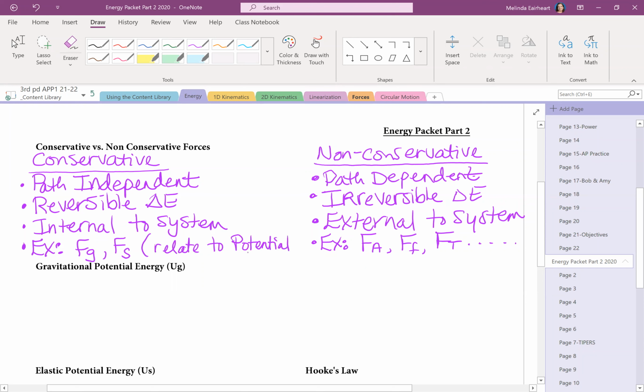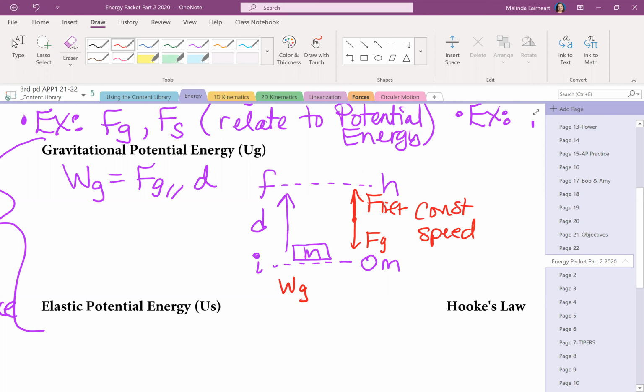Gravity would be doing negative work. Applied or lift would be doing positive. So the work done by whatever lift force would be positive. And if you're moving at a constant speed, the net work would equal 0. Just to tie it back to the old, right?